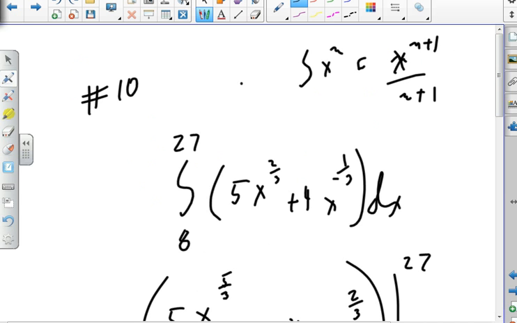So I'm going to go second function, integral 8 to 27 of 5 times x raised to the 2/3 plus 4 times x raised to the minus 1/3, close parentheses.